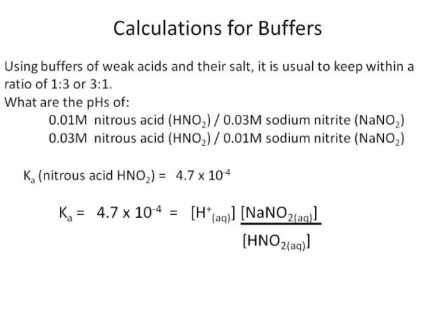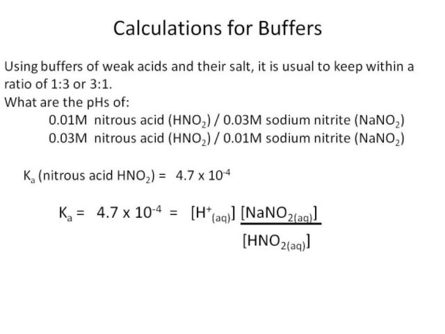So if we have a look at 0.01 molar nitrous acid and 0.03 molar nitrite salt, this is our original formula. The acidity constant equals H plus multiplied by nitrite salt concentration over acid concentration.